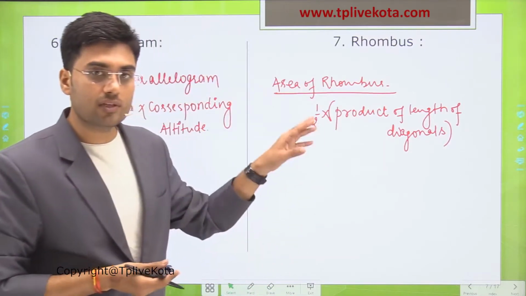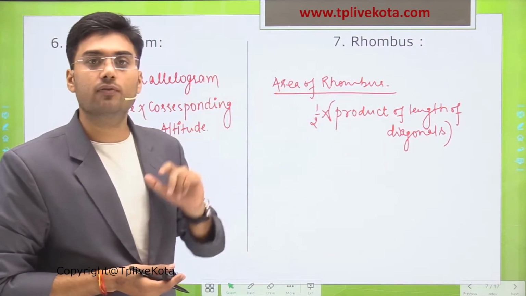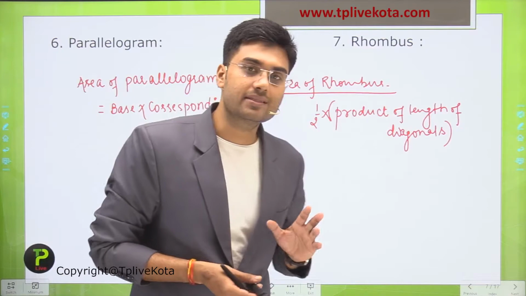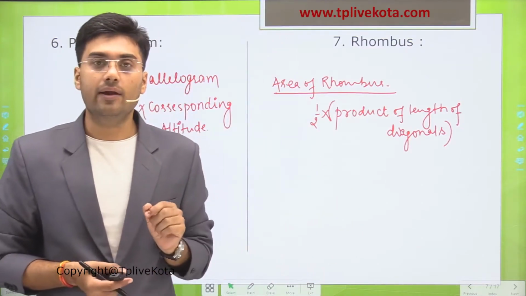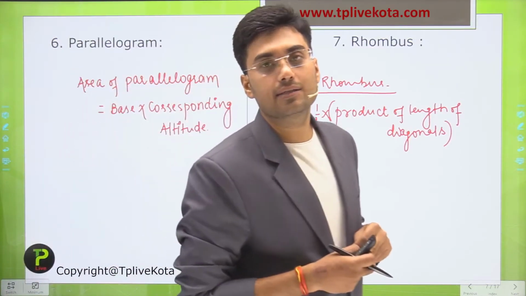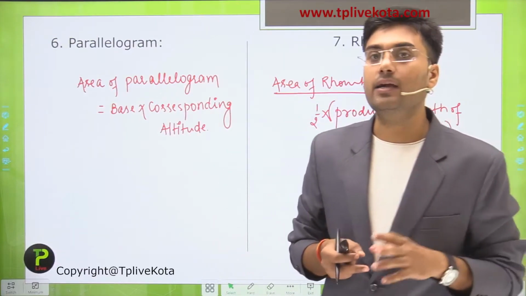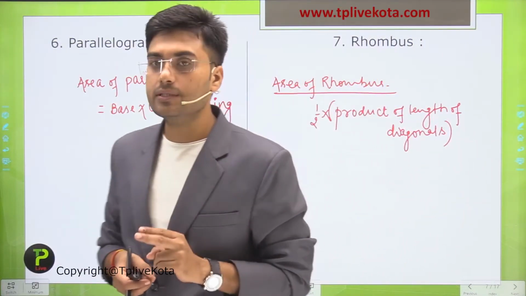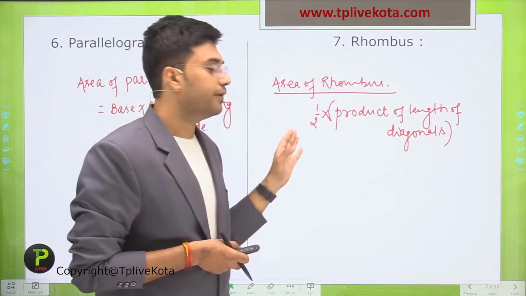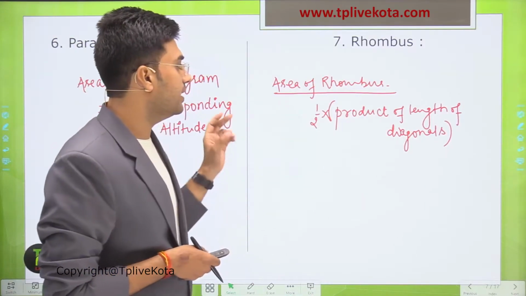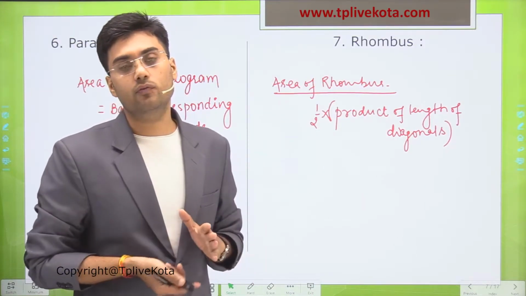We can derive this formula by using the property of the rhombus: all the sides are equal and the diagonals bisect at 90 degrees. So by using this concept you can derive the formula for the area of a rhombus, that is half multiplied by the product of the lengths of the diagonals. Clear?